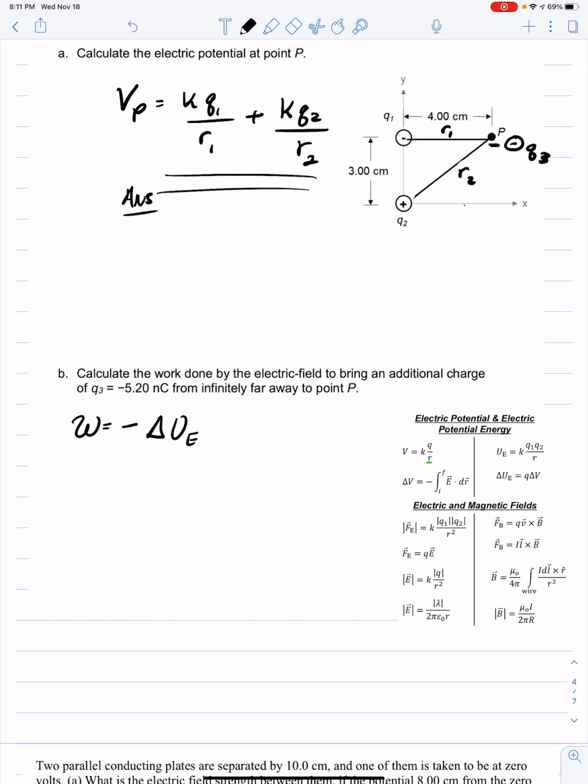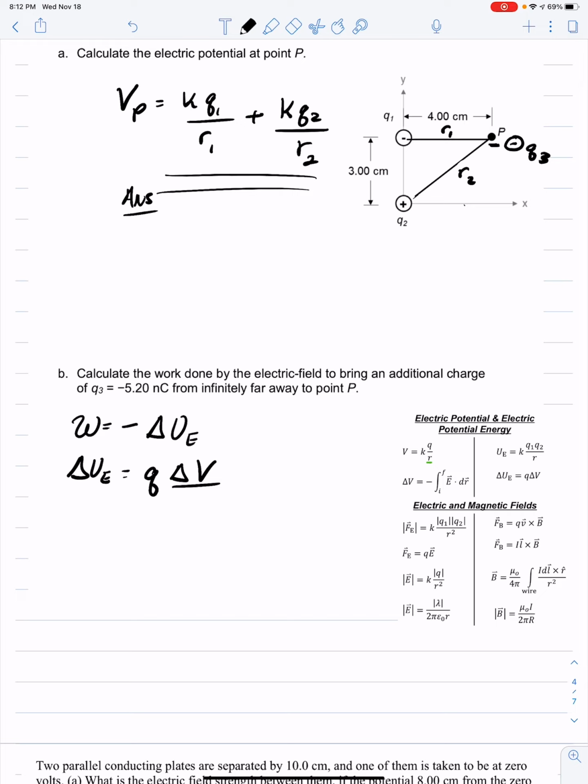We also know that the change in potential energy is the charge at that reference point times the change in electric potential at that reference point, and that will give you the change in potential energy.